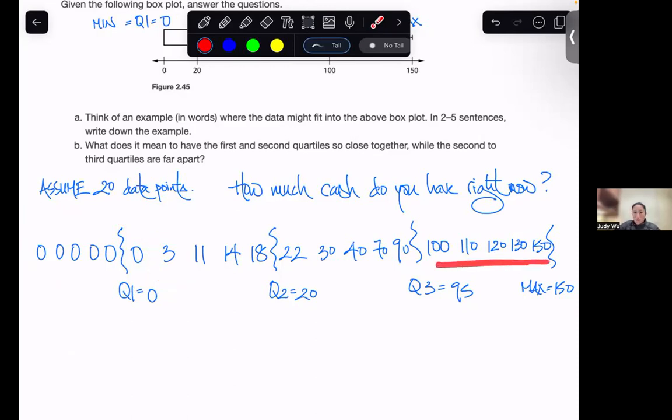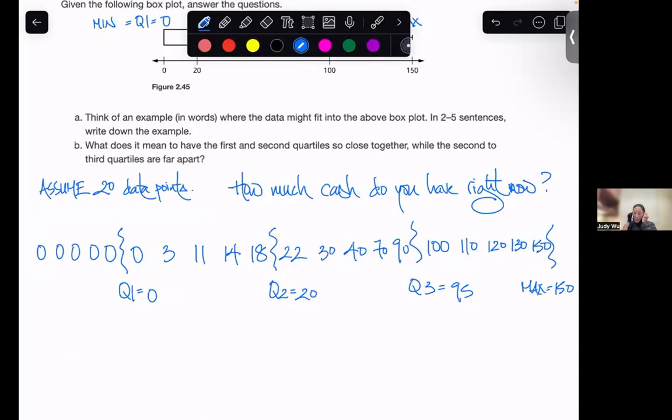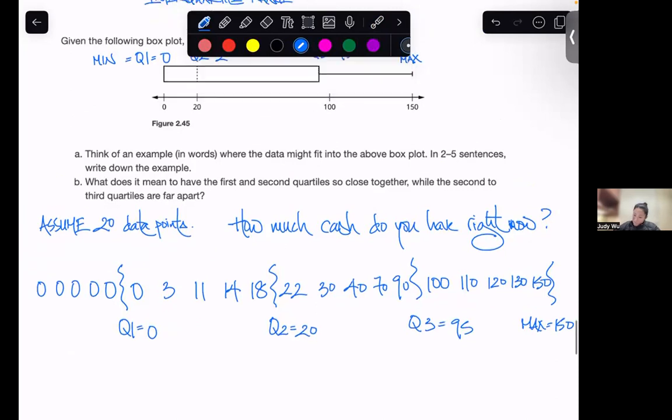But we might have a few people who are like, I like to keep at least $100 in my wallet at all times. But maybe that's only 25% of the population, whereas half of the people are carrying $20 or less. So that is one possible example, and there's a lot of other ones, and I would encourage you to think about what some of those might be.